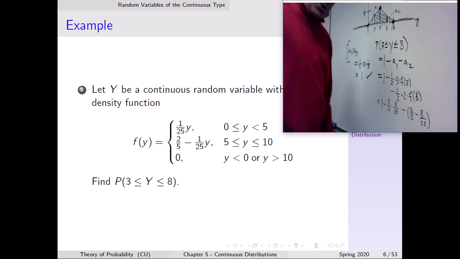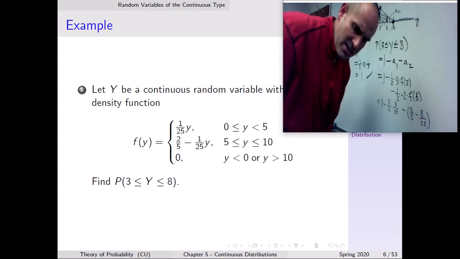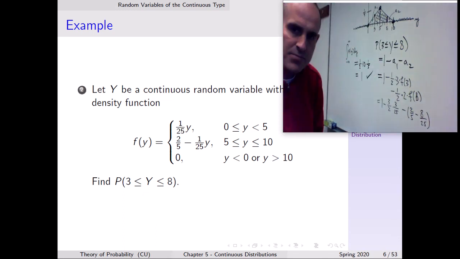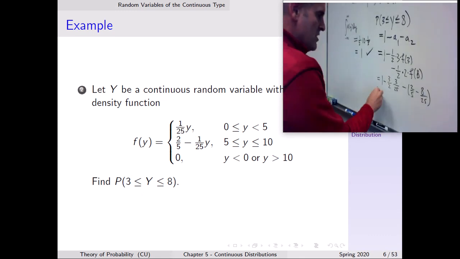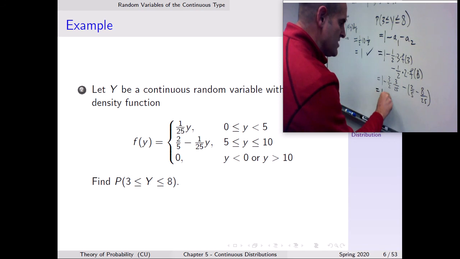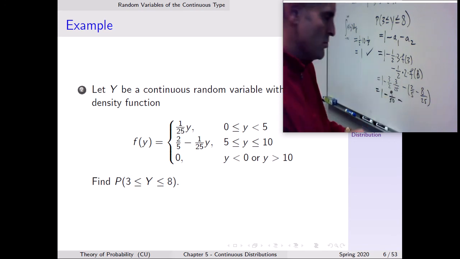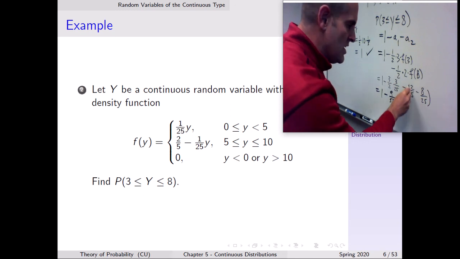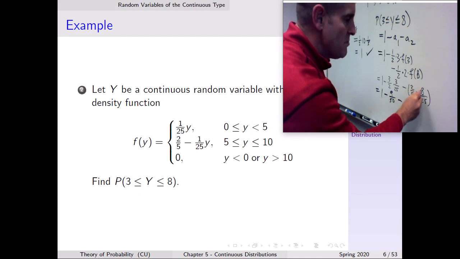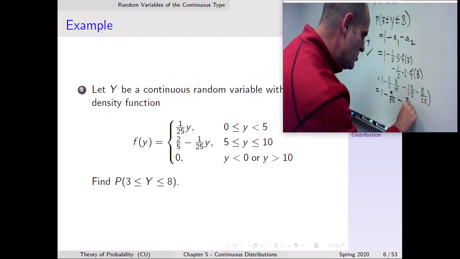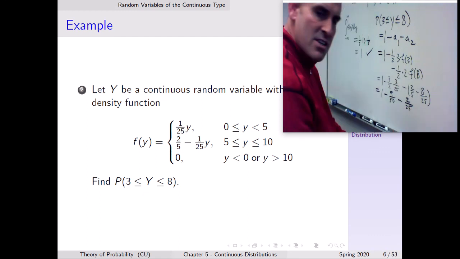Let me just quickly do this, because it would be a good idea. All right, so this is going to be 1 minus 9/50 minus, oh boy, okay. To find a common denominator here, I have to multiply by 5 over 5. This would be 10 minus 8, which is 2 over 25.